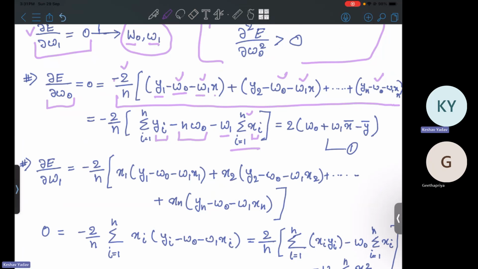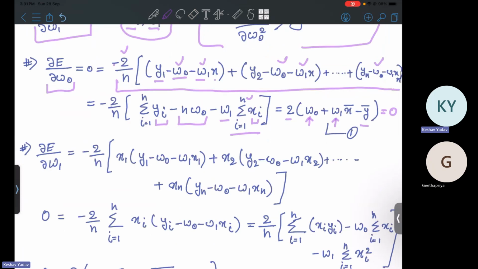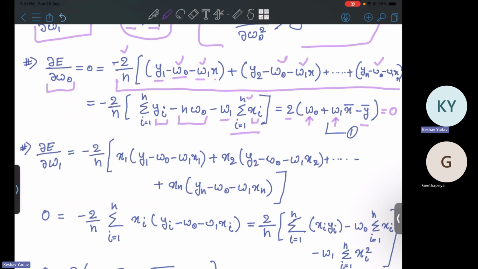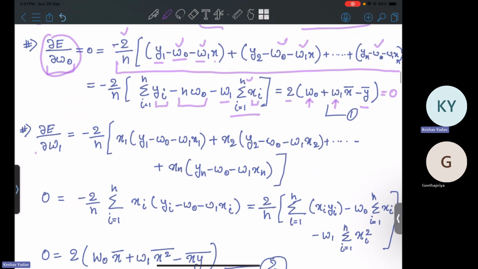That can be written as 2 multiplied by (w0 plus w1 x bar minus y bar). Okay, this will be equal to 0. So this is the equation we will get once we do del E upon del w0 equal to 0.